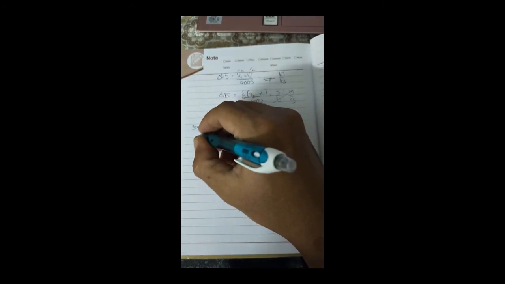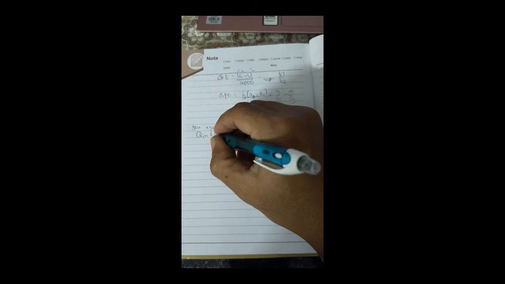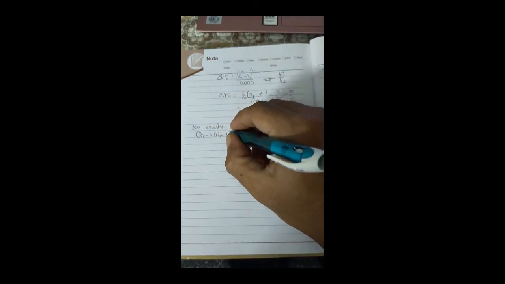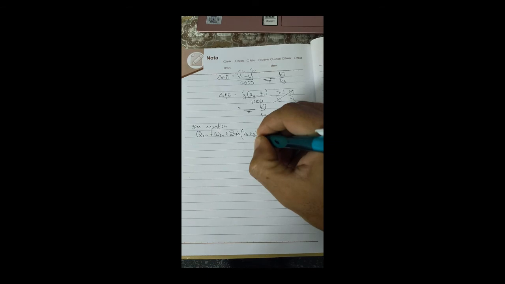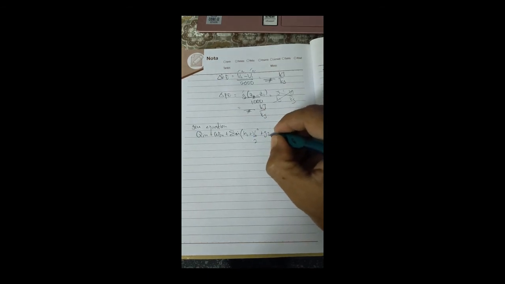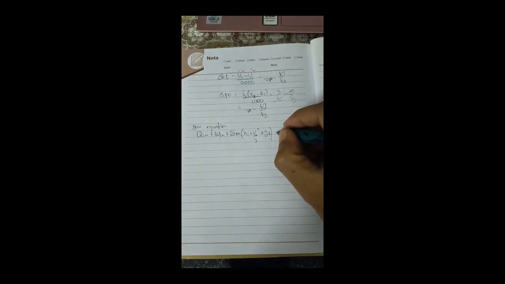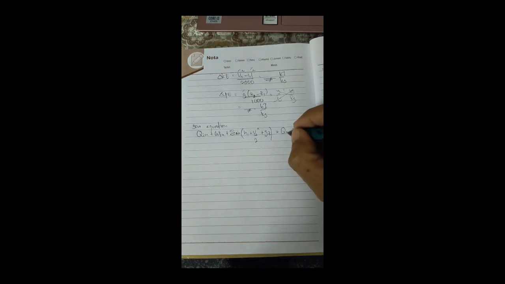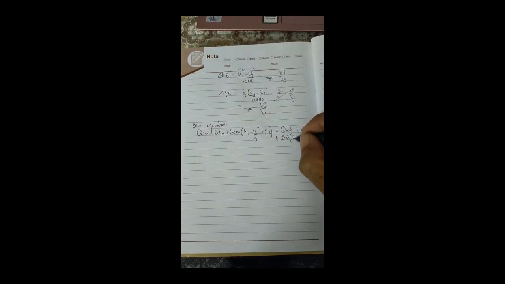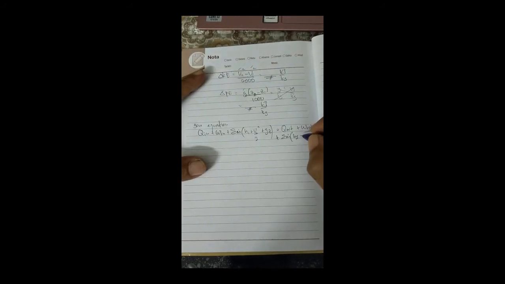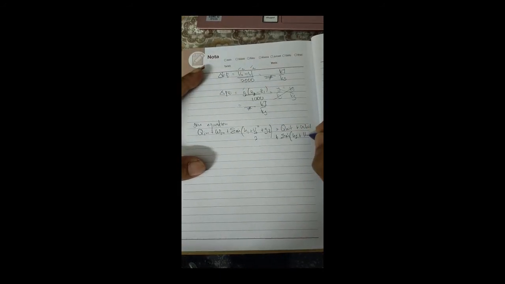Q in plus work in plus summation of mass times (H1 plus V1 squared over 2 plus GZ1) is equal to Q out plus work out plus summation of mass times (H2 plus V2 squared over 2 plus GZ2).